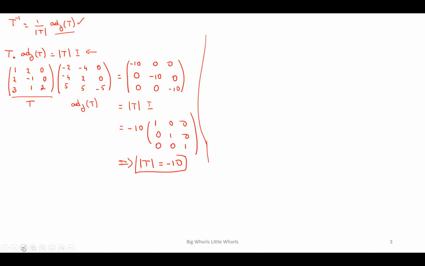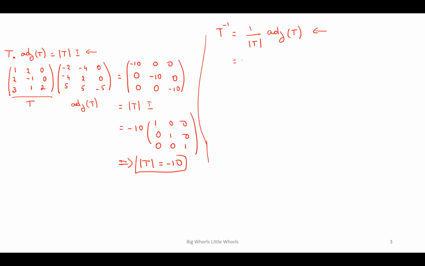Let me say that T inverse is equal to 1 over determinant of T multiplied by the adjoint of T. We have seen these two formulas earlier in this video, in the theorem.